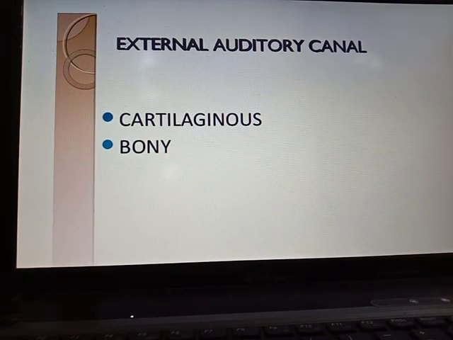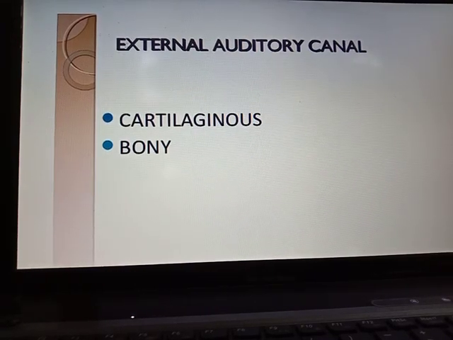Then come to the external bony canal. This external bony canal has two parts, the cartilaginous part and the bony part. The definition of the external auditory meatus: it is the outermost portion of the three parts of the ear.